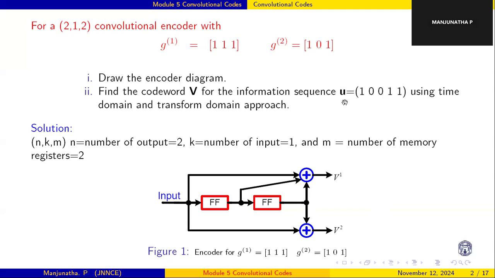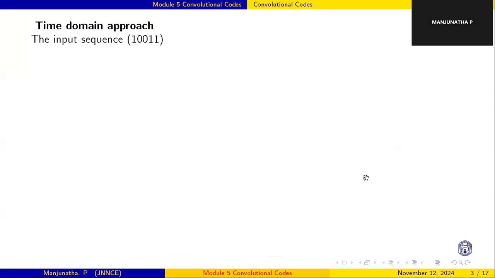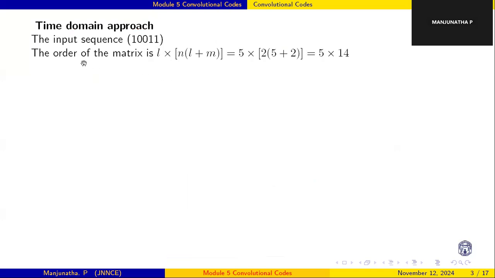Coming to the second part, we have to find the output sequence, the encoded V1 and V2. Combining these two, we write the encoded message in the time domain as well as the transform domain. In the time domain approach, the input sequence is 10011. First we write the generator matrix. A matrix is defined by its number of rows and columns.